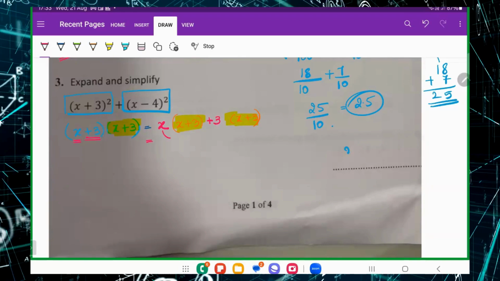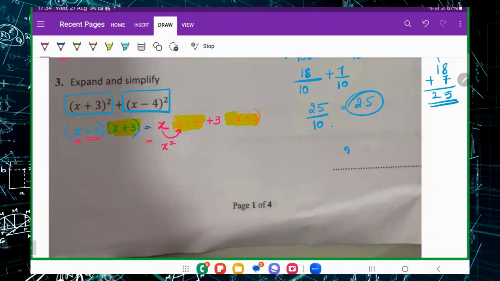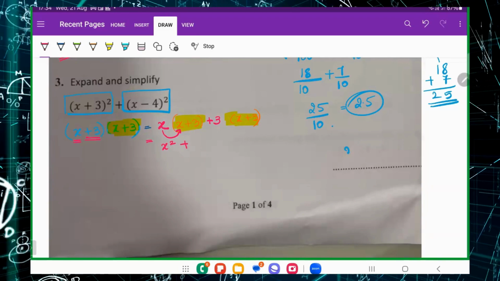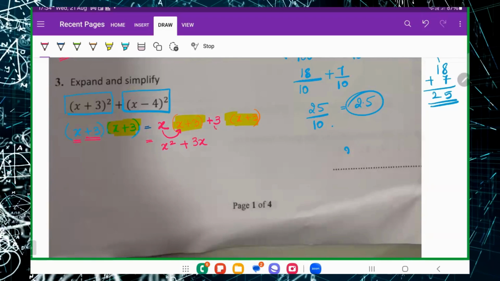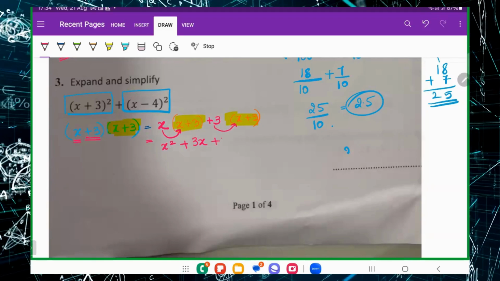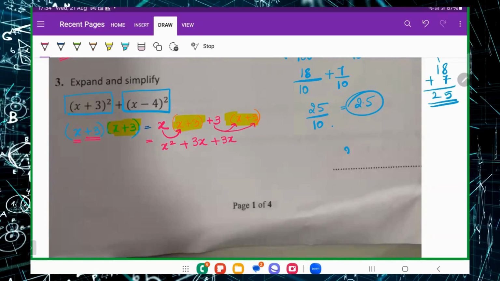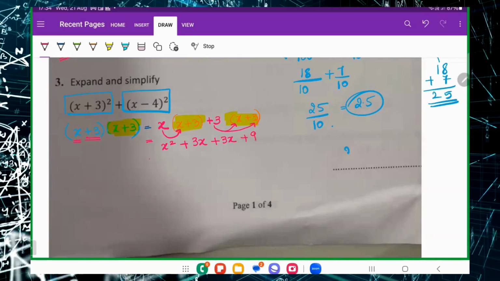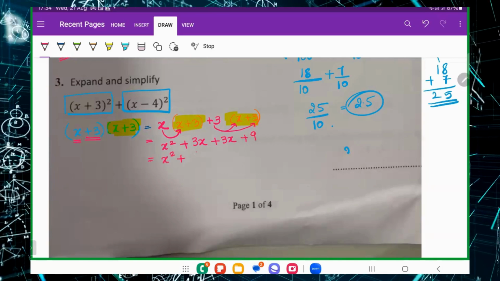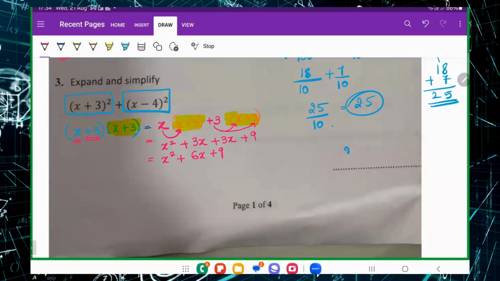Now, x into x gives you x square, plus x into 3 will give you 3x, plus 3 into x will give you plus 3x, plus 3 into plus 3 will give you a plus 9. So you get x square plus 6x plus 9.